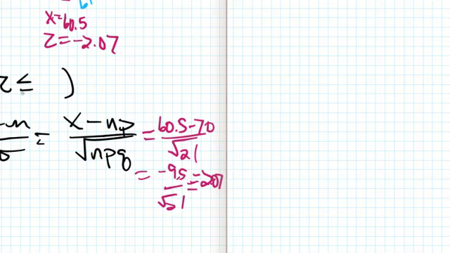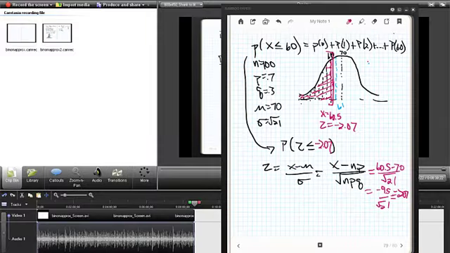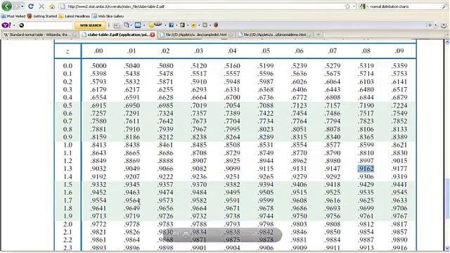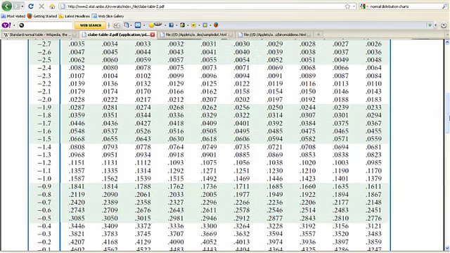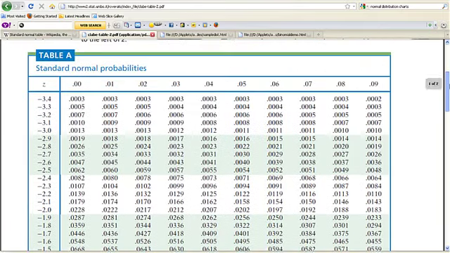So what we're looking for is the probability that z is less than negative 2.07. Well, where do we go to find that? Well, you guys know where. I go to negative 2.0, right there, negative 2.07, I cruise over here, and I get 0.0192.